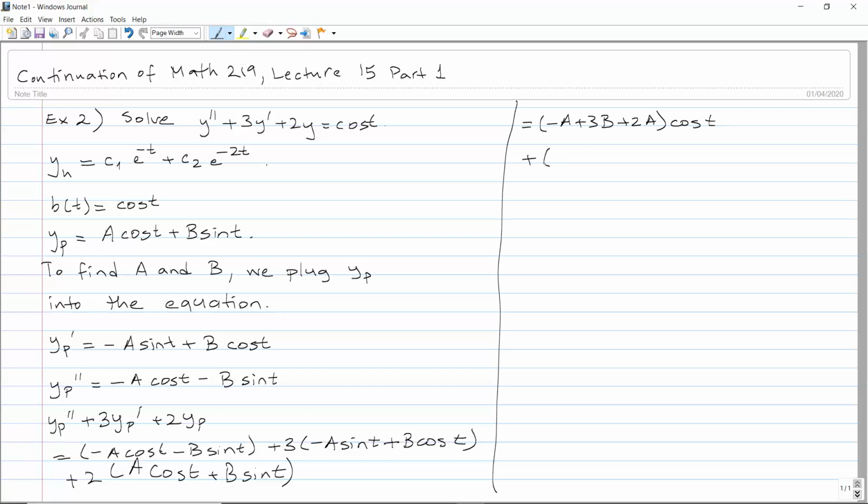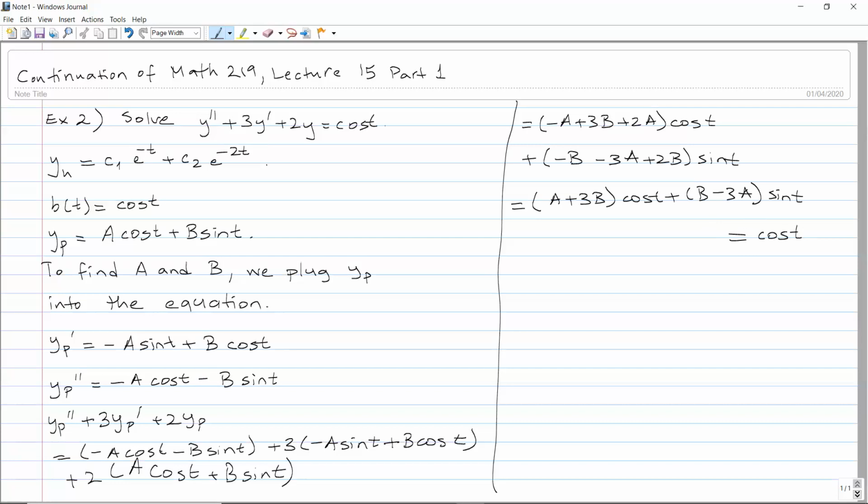For sine t, minus b from the first term, minus 3a from the second term, plus 2b from the last term. So this is (a + 3b) times cosine t plus (b - 3a) times sine t. This is the left side of my differential equation, and it should be equal to cosine t.